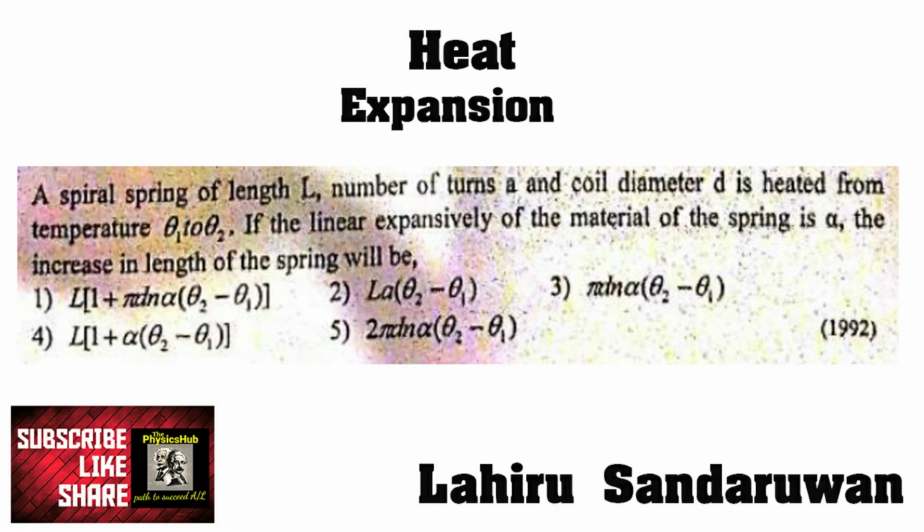Then question number 2. A spiral spring of length capital L, number of turns N and coil diameter D is heated from temperature theta 1 to theta 2. If the linear expansivity of the material of the spring is alpha, the increase in length of the spring will be?